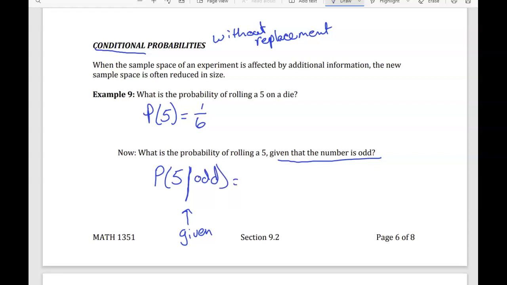There's one 5, but if we think about the odd numbers, there's 1, 2, 3 odd numbers. So now I only have a 1/3 chance because I know something about my sample space. It can only be one of these 3 possibilities now. So I have reduced my sample space in order to give myself some type of condition.